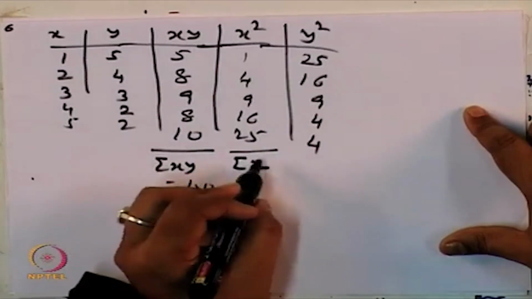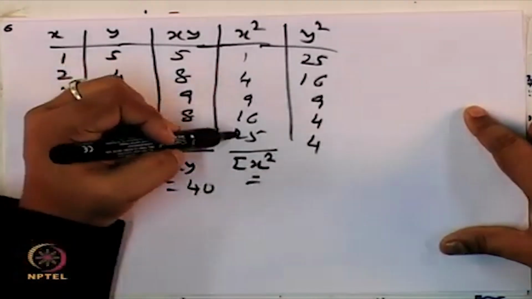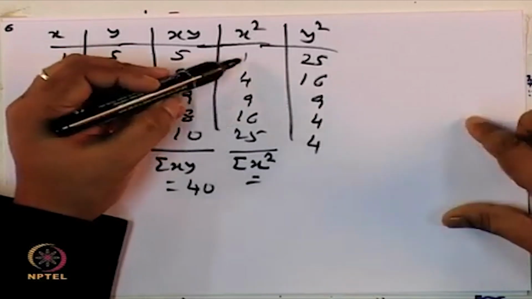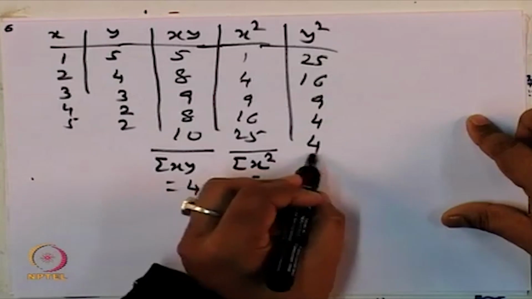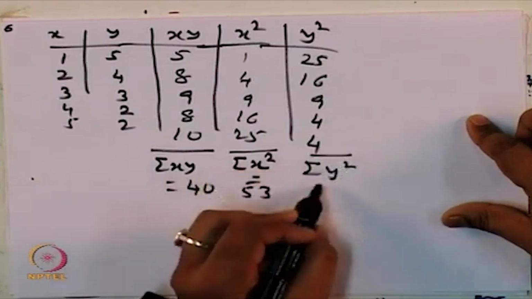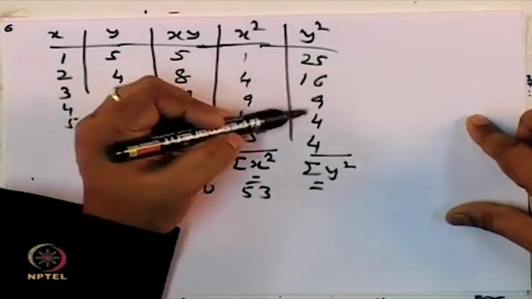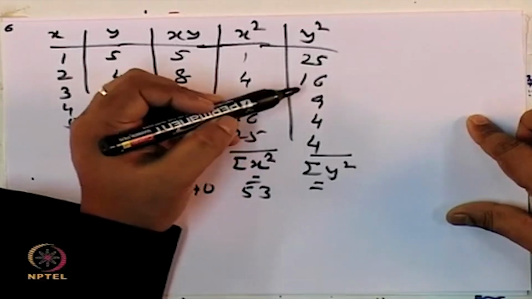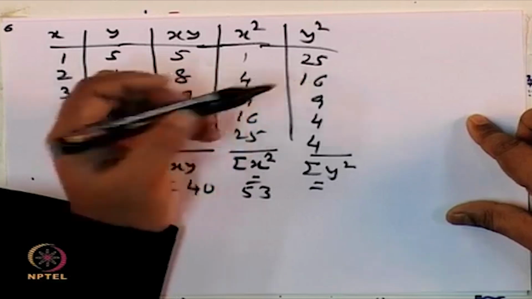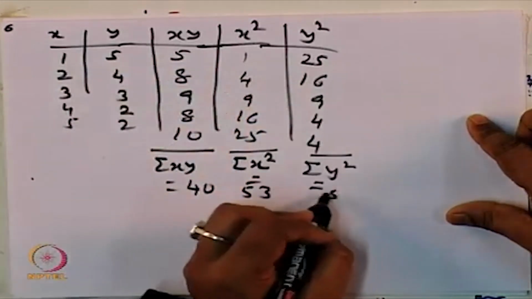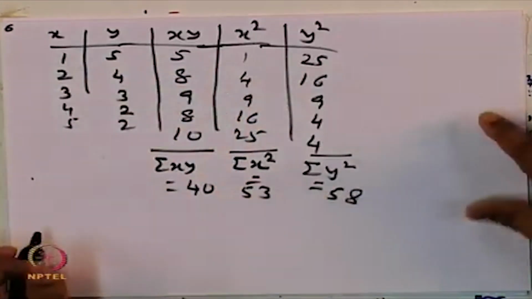Summation of x square equal to 25, 26, 40 and 13, 53. Summation of y square equal to 9 and 8, 17 and 33, 58. Okay.